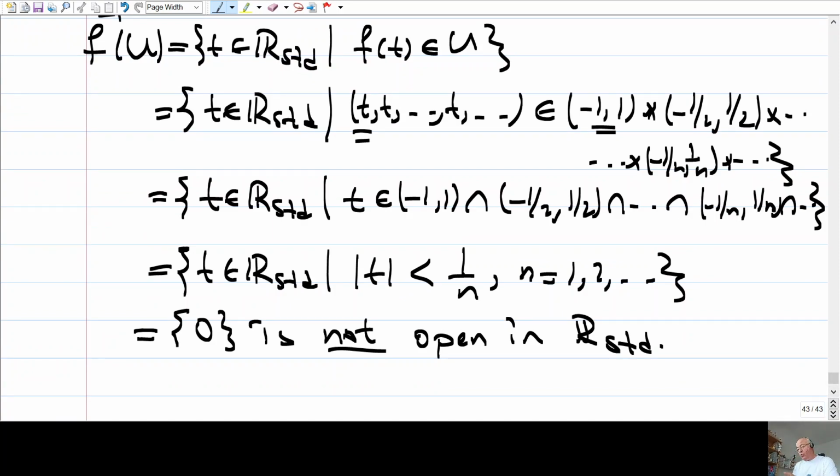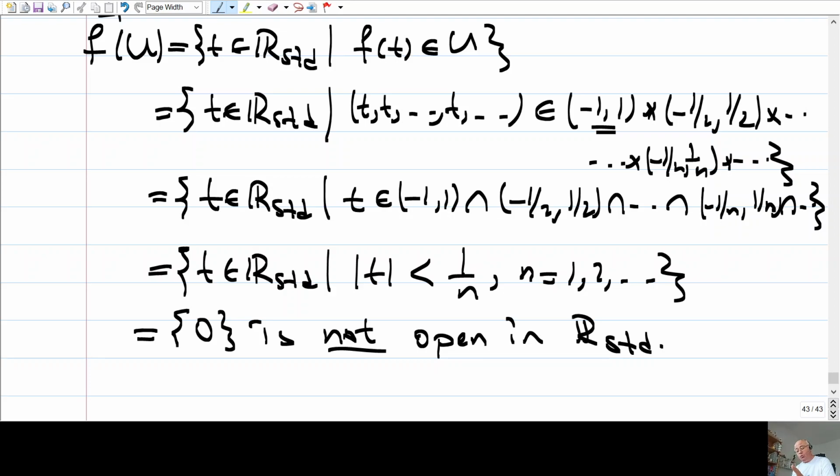So although this topology, the box topology, looks okay at first sight, even such a function, which sends t to t comma t and so on, is not continuous. The reason is that this topology has too many open sets.